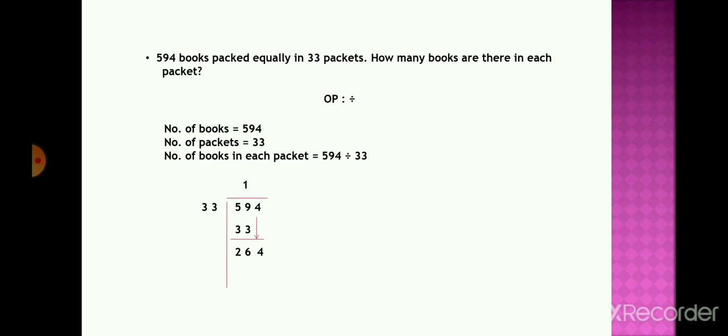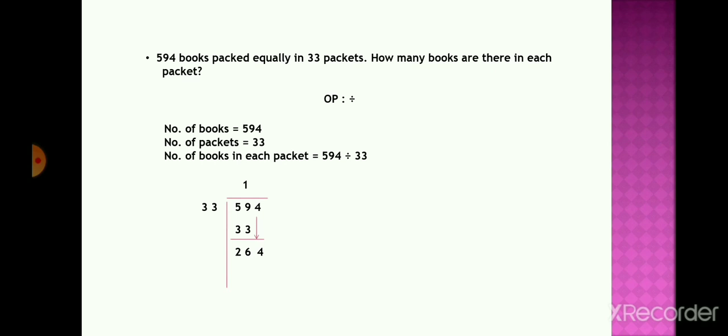Now, follow the same procedure. Hide the ones place of the divisor. Then check with the dividend 26. So, from the table of 3, we know that 3 eights are 24, isn't it? 24 is smaller than 26.